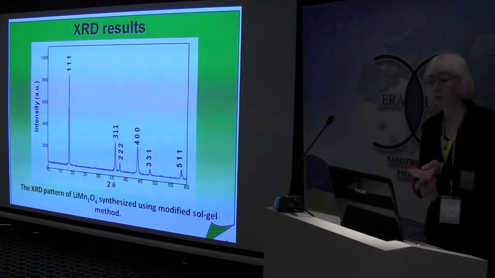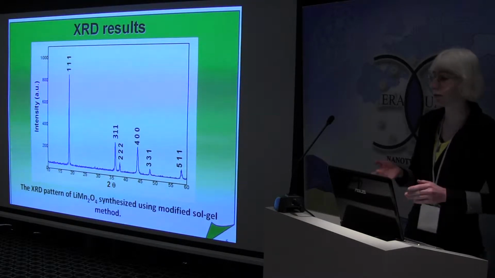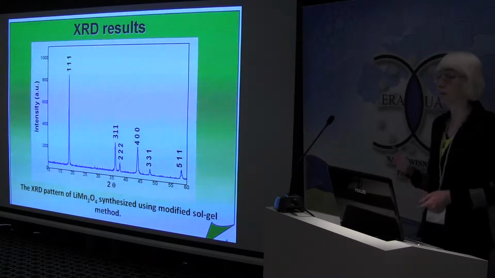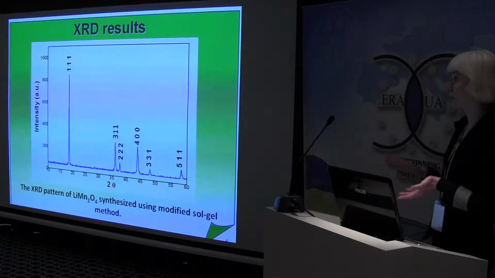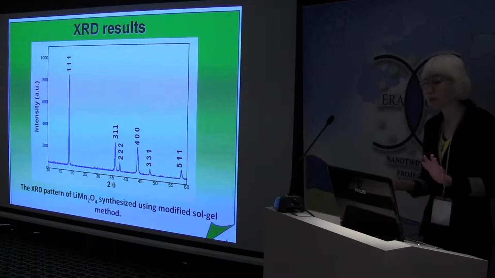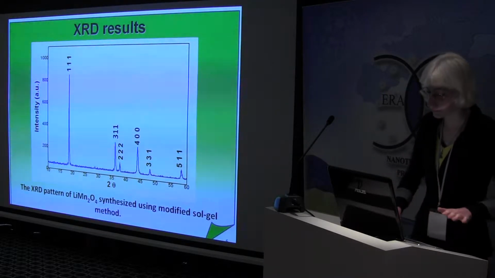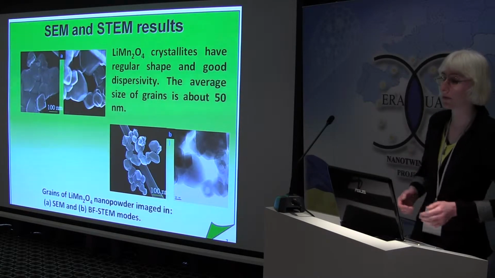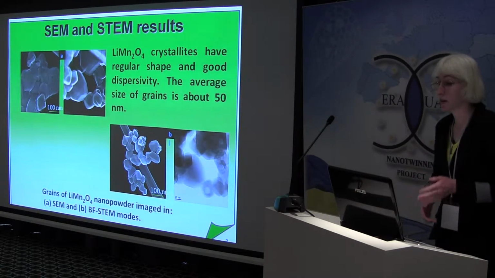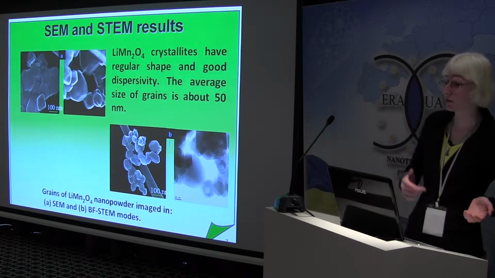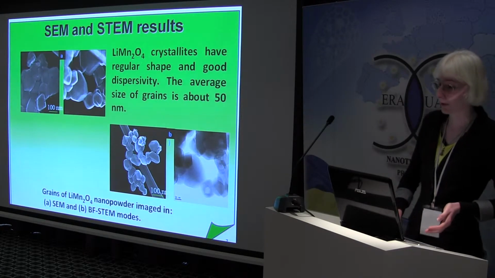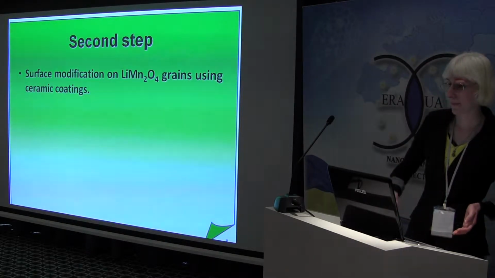The average crystallite size, calculated by the Scherrer equation, was between 20 and 30 nanometers, and there were no other impurities. Now you can see the morphology of lithium manganese oxide crystallites, which have a regular shape and good dispersity, and the average size of grains is about 50 nanometers.